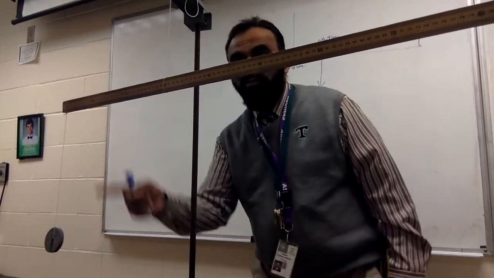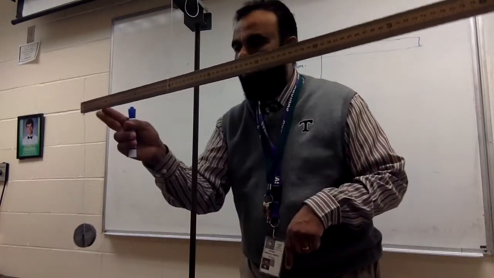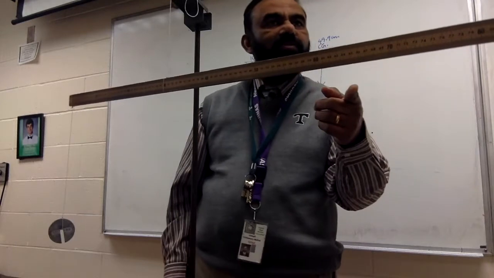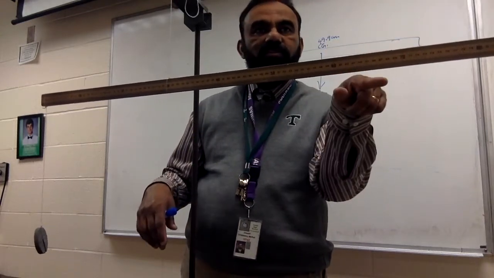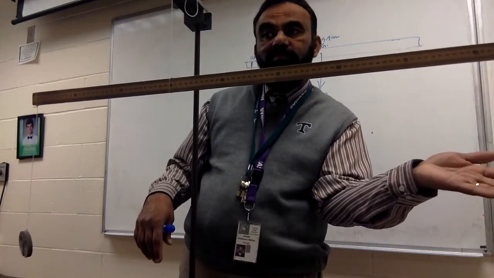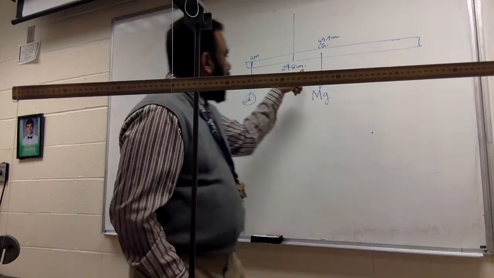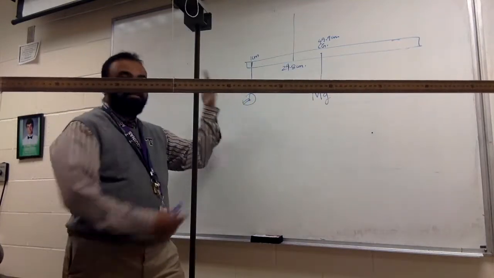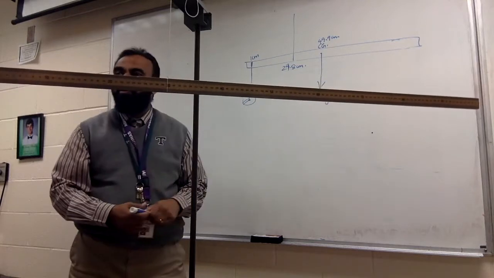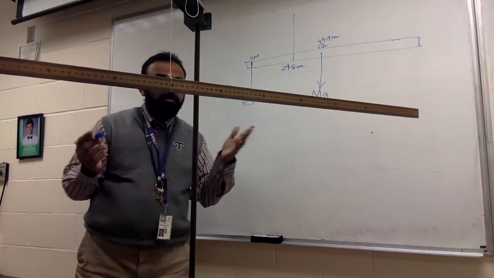This thing is trying to tilt the meter stick counterclockwise. What is trying to tilt this meter stick clockwise? The weight of the meter stick, which is acting at the center of gravity, tilting it this way, and this is tilting it this way. And what's the principle of moments? F1 d1 is equal to F2 d2. That's it.